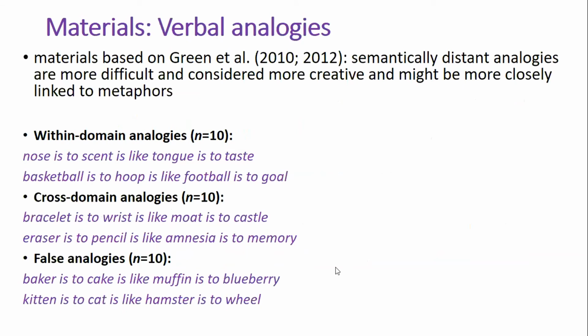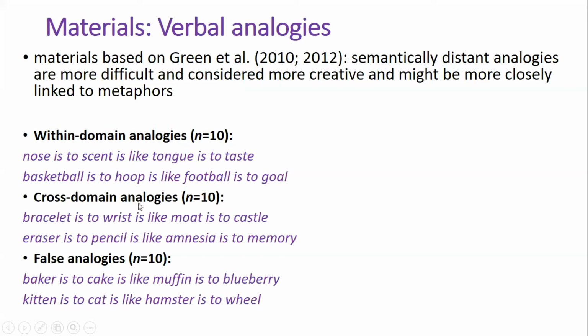Okay, so the verbal analogies that we used in the study were based on Green et al.'s materials. So we used within domain analogies and cross domain analogies. Within domain analogies are when you take both the source and the target from the same domain, so nose is to scent as tongue is to taste.